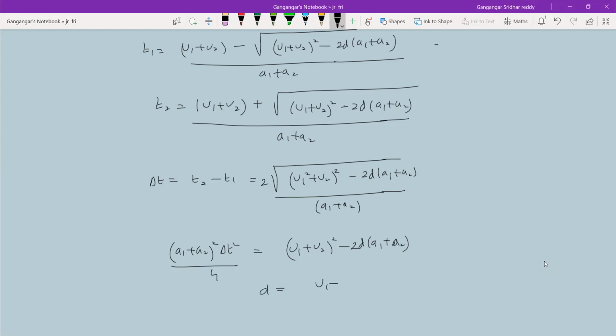D is equal to U1 plus U2 whole square. Okay, this will be our final answer.